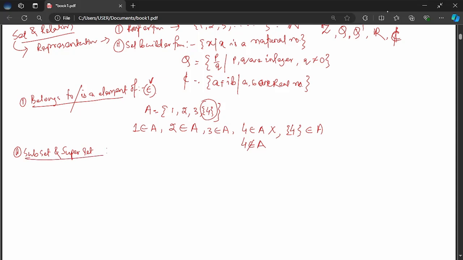We say A is a subset of B and write A subset of B if and only if every element of A is contained in B.